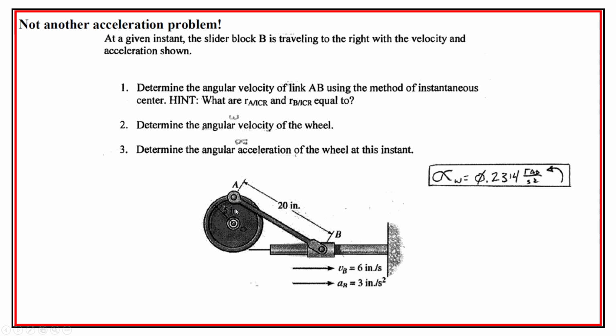I think generally this rod has no angular velocity. How can I tell? Because it's not moving itself. It's more along the lines of, let's say, the ICR. Can you find the ICR?